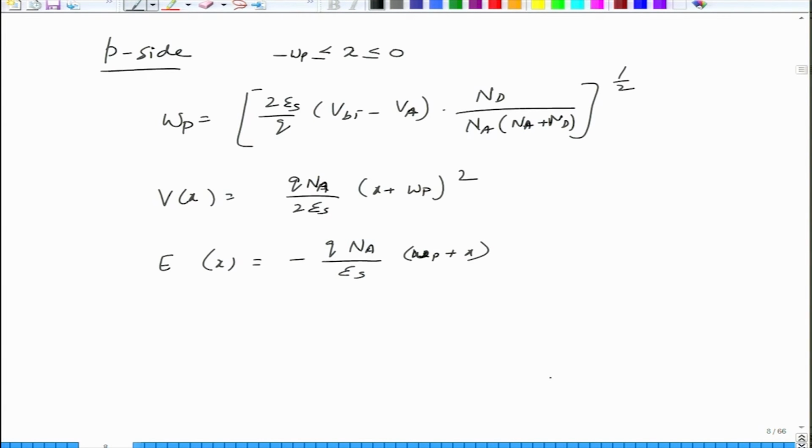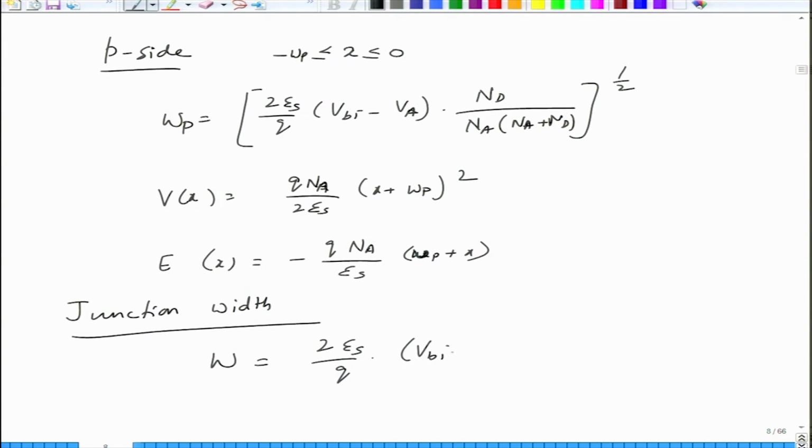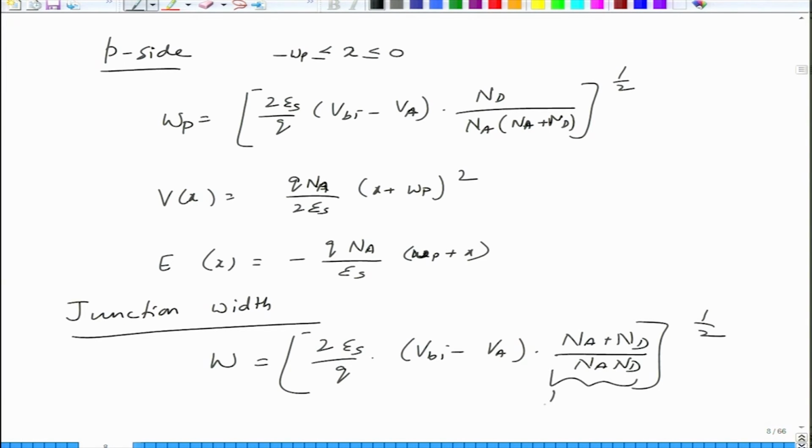The junction width W will become 2 epsilon s divided by q into VBI minus VA into Na plus Nd divided by Na Nd, the whole to the power half. You can write this as 1 over Na plus 1 over Nd also.